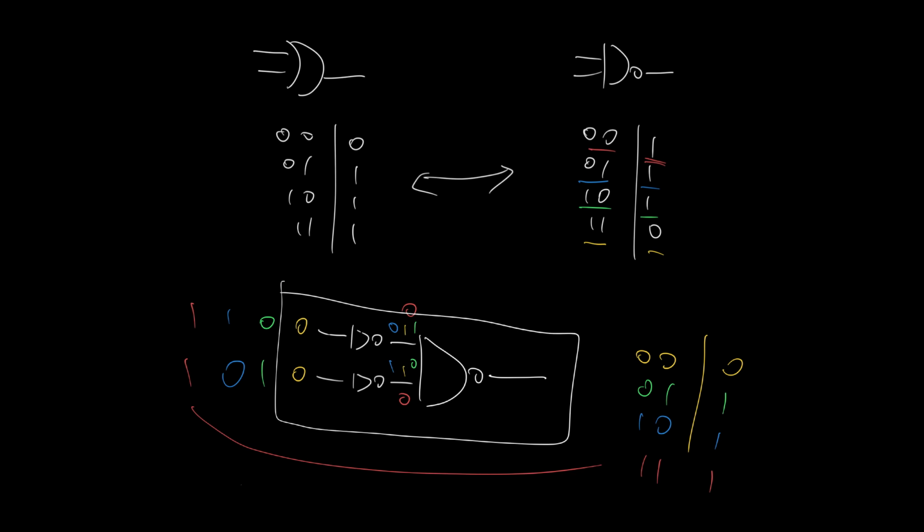The second time I have a 1 here, the input is a 1 and a 0. So whenever I have a 1, it goes straight through to the AND gate. When I've got a 0, it needs to be inverted. And once I've done that for every single row with a 1 coming out, then I just put that through an OR gate. And I know that this circuit here implements this truth table here.